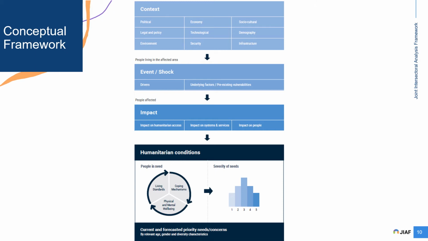The third pillar looks at the event and shock on population, systems and services of the affected area.